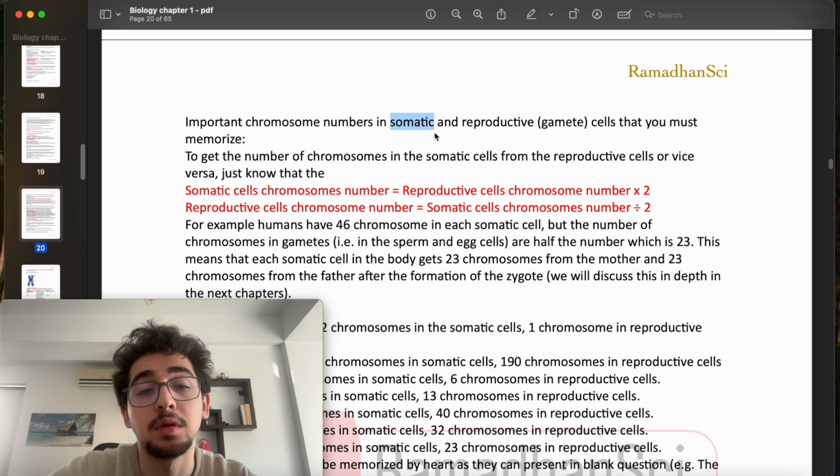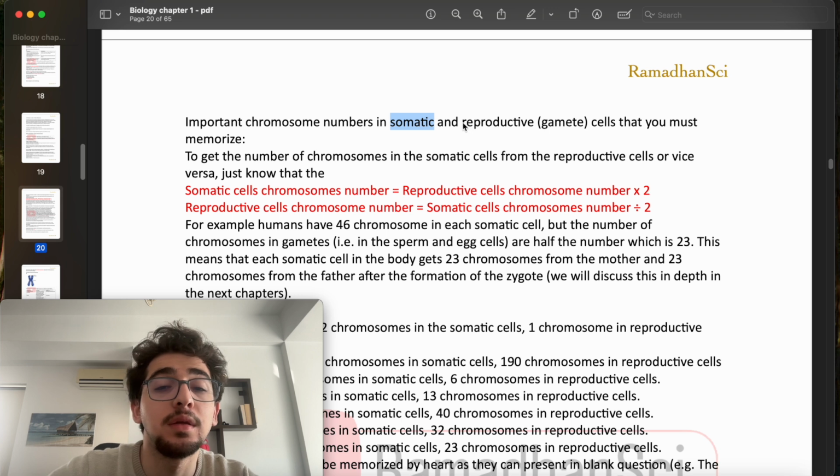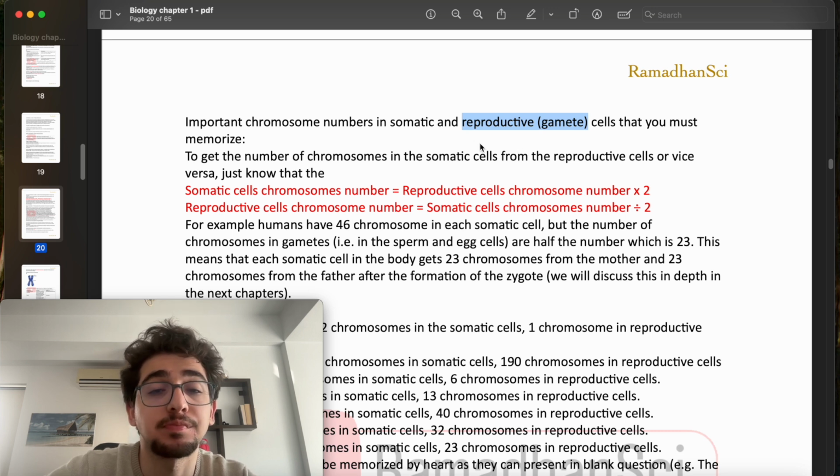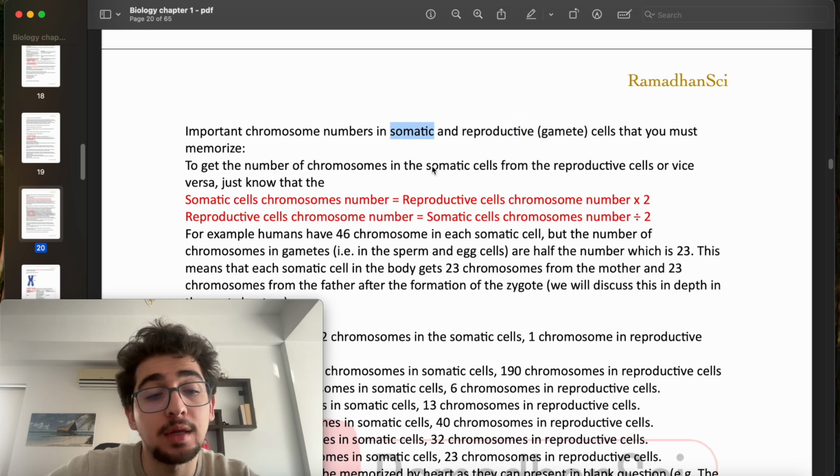Skin cells, liver cells, lung cells, blood cells, nerve cells, etc. But the reproductive or gamete cells are represented by the sperm cells in males and the egg cells in females. The somatic cells have two sets of chromosomes. We call it diploid. And the gametes have only one set of chromosomes, and we call it haploid.